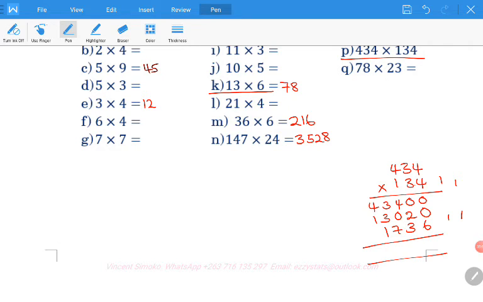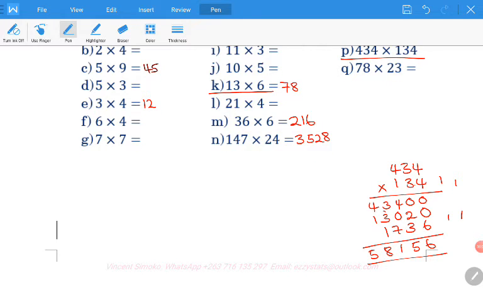So 0 plus 0 plus 6, it gives us 6. 0 plus 2 plus 3 gives us 5. 4 plus 0 plus 7, that's 11, so it's 1 carry 1. 3 plus 1 plus 3 plus 1, that's 8. 4 plus 1, that's 5.